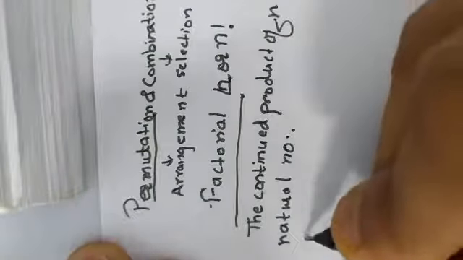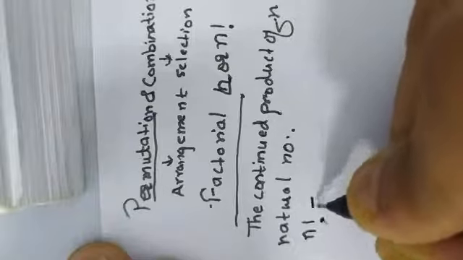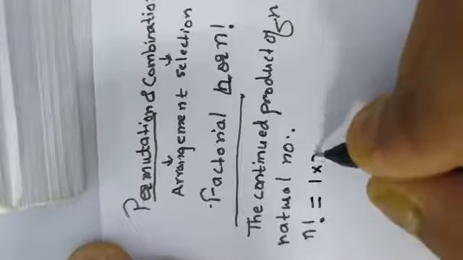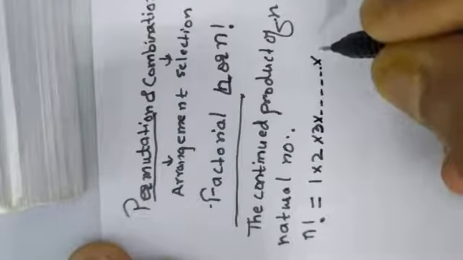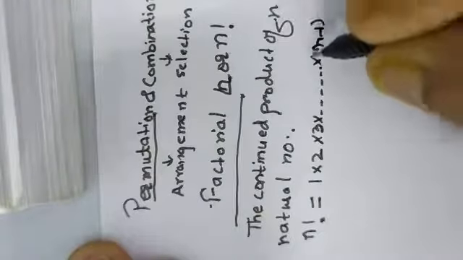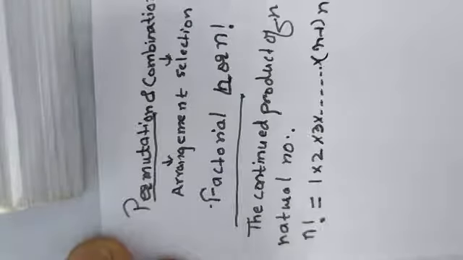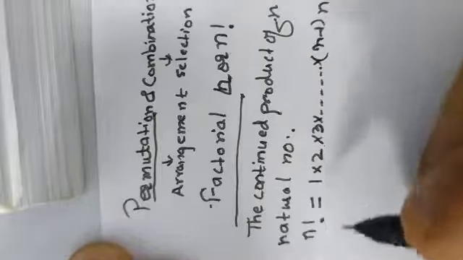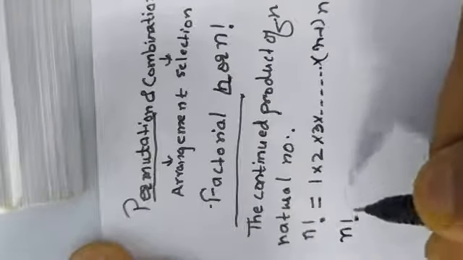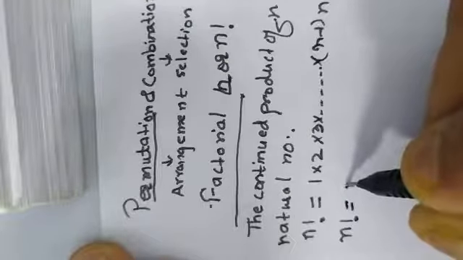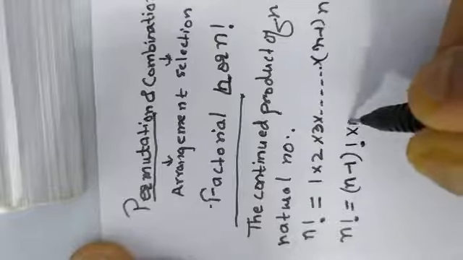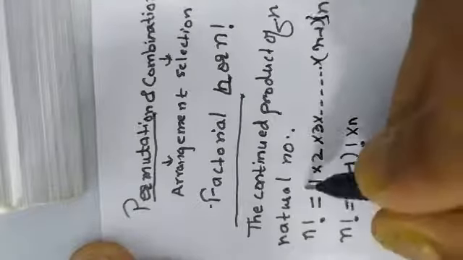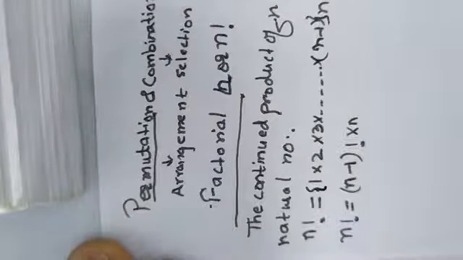That means if I am writing n factorial, it is equal to 1 into 2 into 3 into ... into n minus 1 into n. This is what n factorial means. So, I can write n factorial as n minus 1 factorial into n. If I write till n minus 1, then I have written it as n minus 1 factorial.